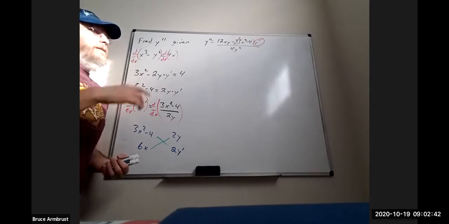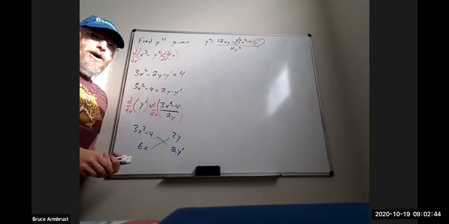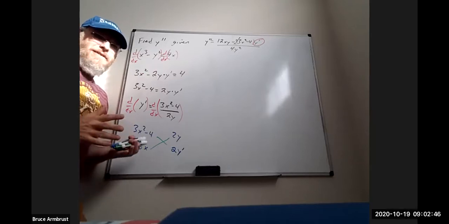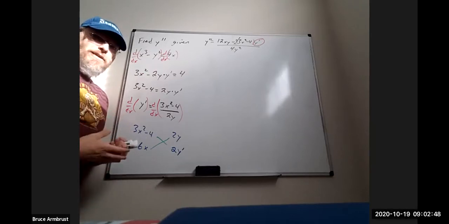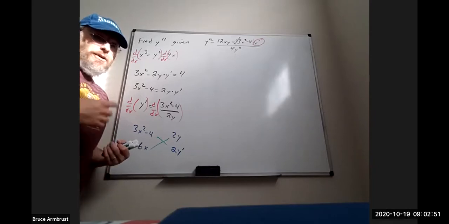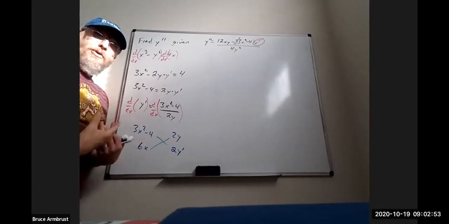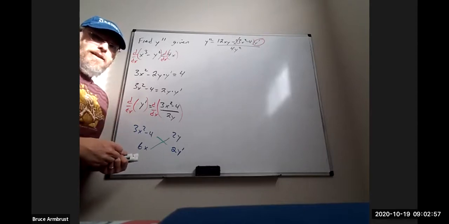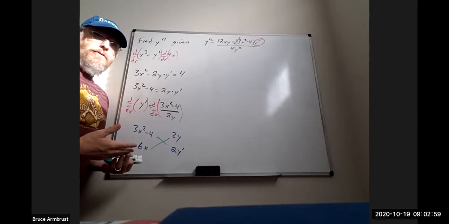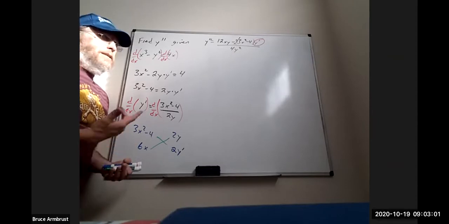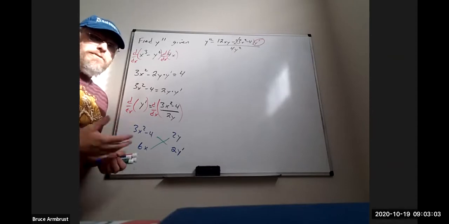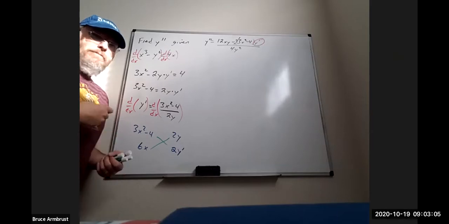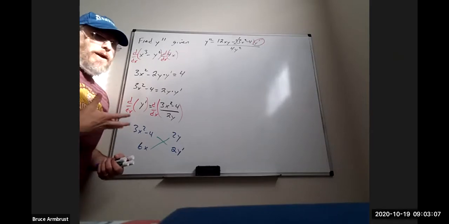Basically, we want to be able to write this all in terms of the original x and y. Because kind of the whole point of this is you don't know everything about this function, but you do know a point. And so if we know that point, we could then plug it in and evaluate whatever we're looking for. Right? So like in this case, maybe we're looking for the acceleration or whatever. So I really don't want that y prime.